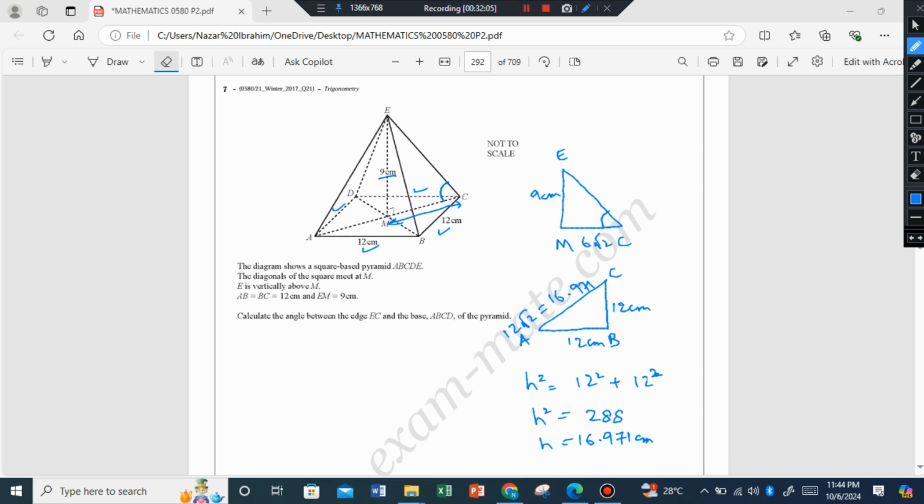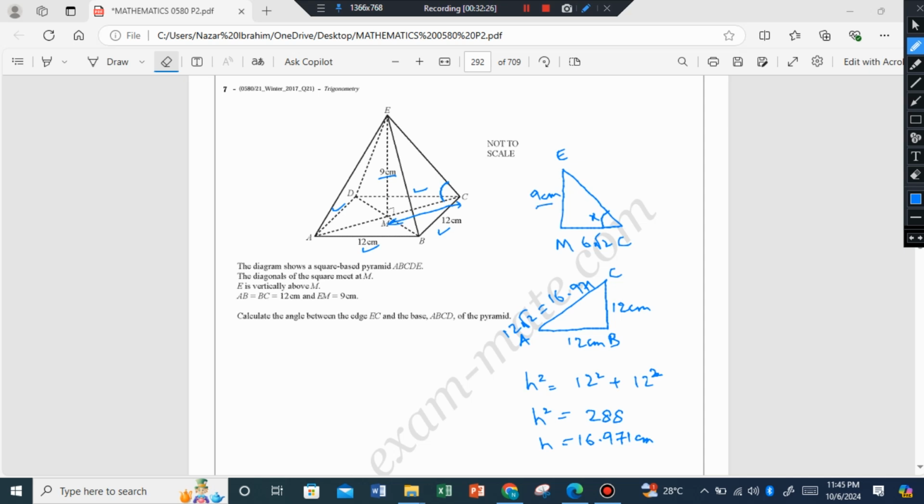Now I want to calculate the angle which EC is making with MC, that I named just now as X. So I have to see the two sides. Opposite is known and base is known, right? So TOA, yes. Which should be applied?